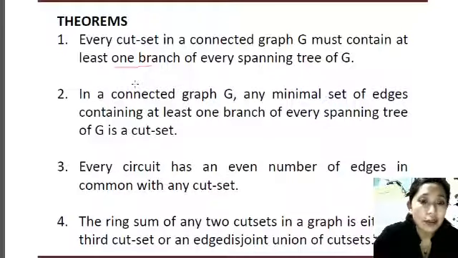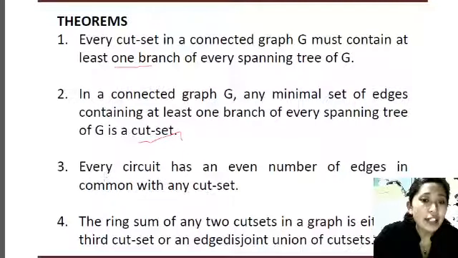So at least one branch of every spanning tree has to be present in every cut set. The same thing has been defined the other way: in any connected graph, a minimal set of edges that contains at least one branch of every spanning tree is a cut set. If it does not contain any of the branches from any of the spanning trees, then it is not going to disconnect the graph.